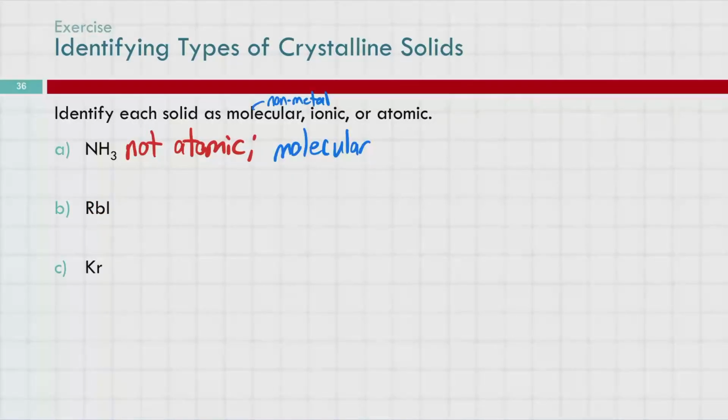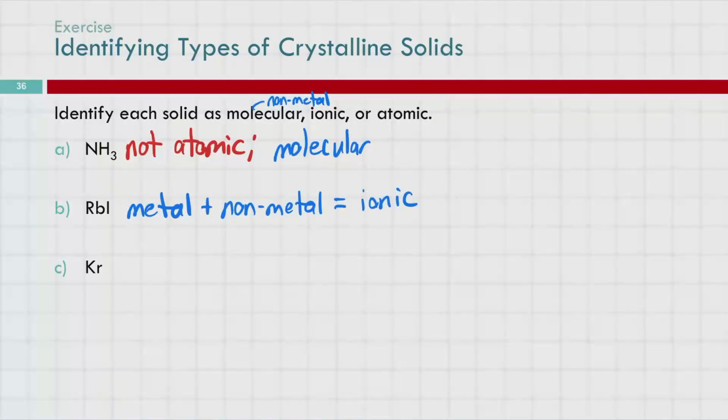We find rubidium, not guilty, but in group 1. And group 1 is metals. It's our alkali metals. And so rubidium being a metal and iodine not being a metal means that we've got a metal and a nonmetal. Metal plus nonmetal equals ionic compound. So this is an ionic crystalline solid.